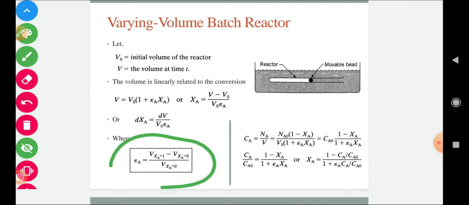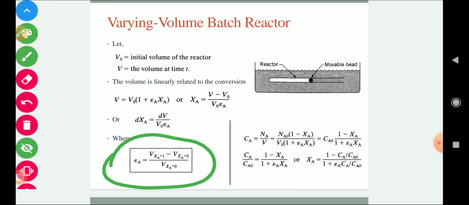Epsilon is the volume when all the reactant is converted into product minus the volume for zero conversion, divided by the volume for zero conversion, meaning when the reactor only has reactants.